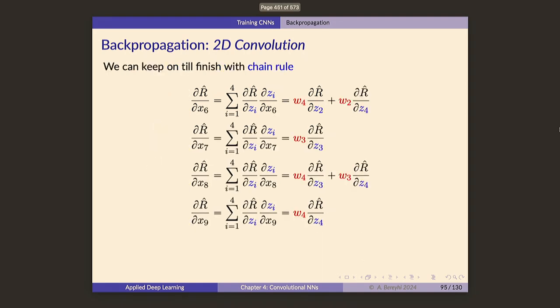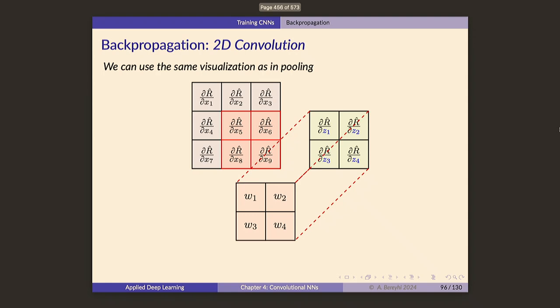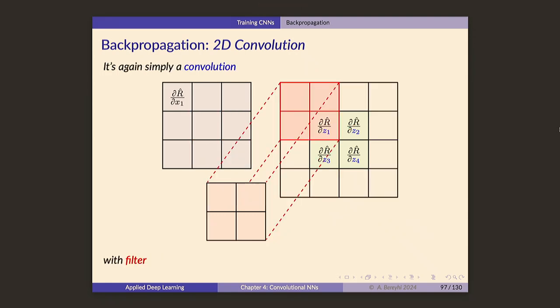Now, if I do that, let's look at it here. Then what should be this guy here? It should be w1, right? So what we had initially was w1, w2, w3, w4. But now what I see here is that w1 should show up here, right?